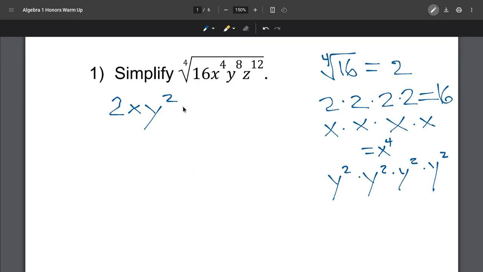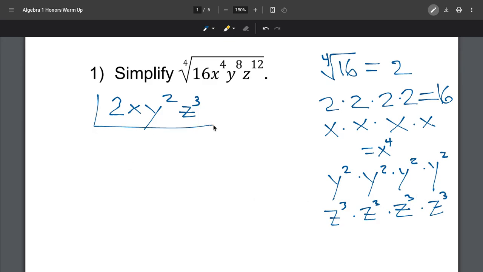And then it's going to be z cubed, because again, you do z cubed times z cubed times z cubed times z cubed. You're going to get z to the 12th. Again, the same base, 3 plus 3 is 6, plus 3 is 9, plus 3 is 12. So this is our solution to problem 1.